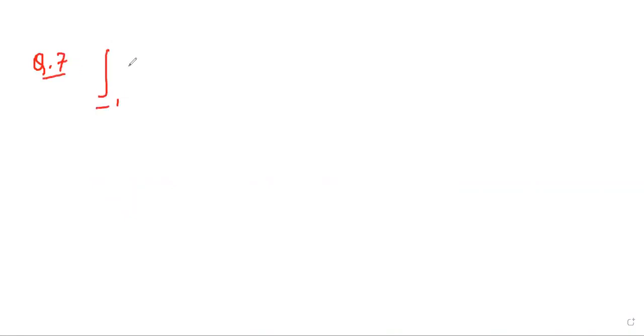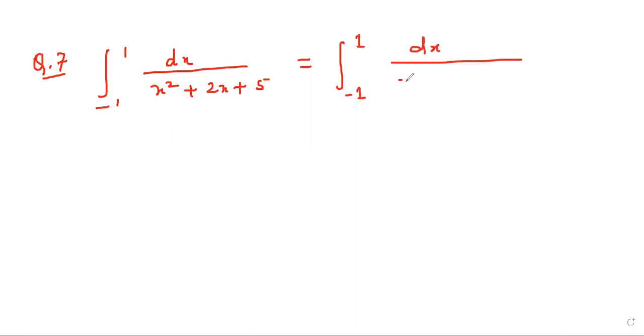Integration minus 1 to 1 dx upon x square plus 2x plus 5. Here again, the denominator is to be converted into a perfect square. So dx upon x square plus 2x plus 1 minus 1 plus 5.